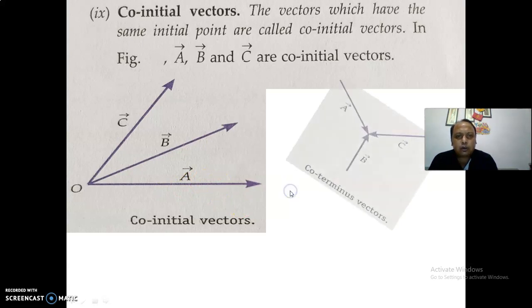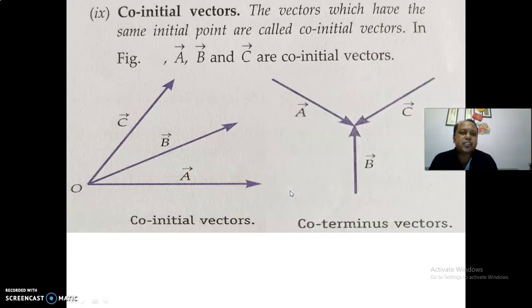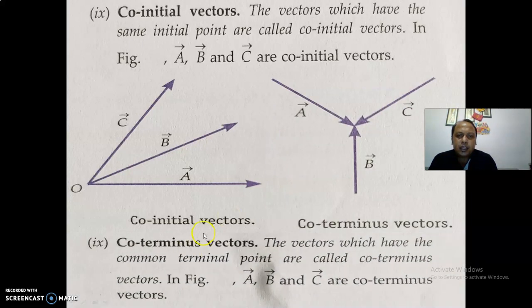In the same way, co-terminus vectors are the vectors which have the common terminal point, that is the end point. You can see in this figure vector A, vector B and vector C, they have the common terminal point, that is common end point, and that's why they are called co-terminus vectors.